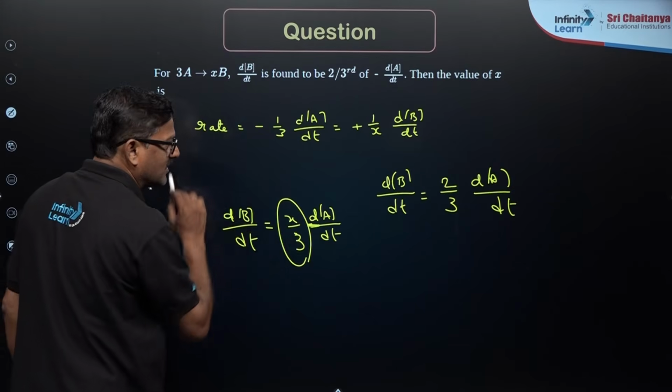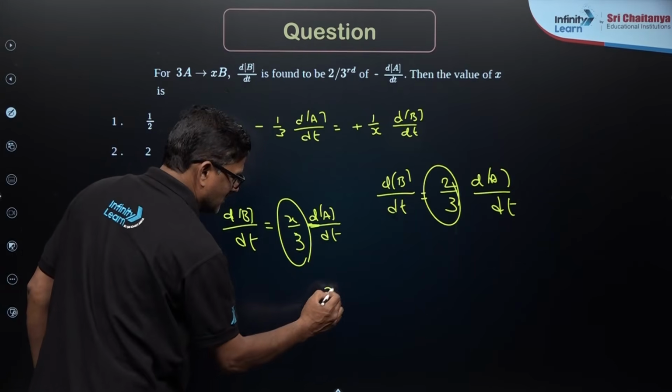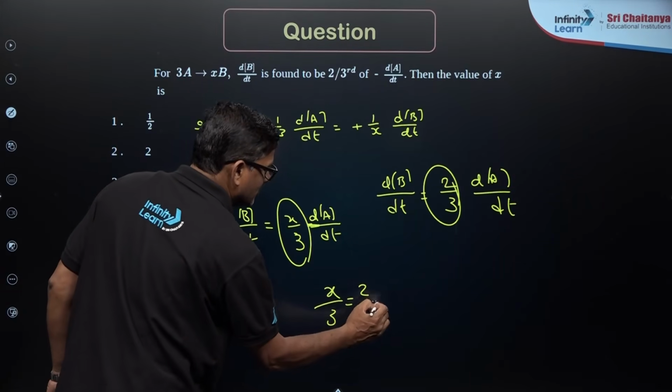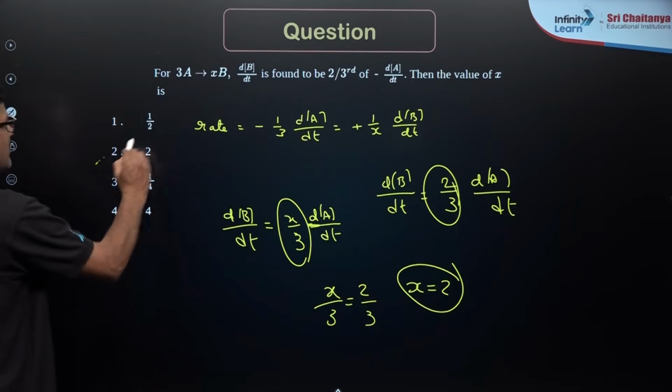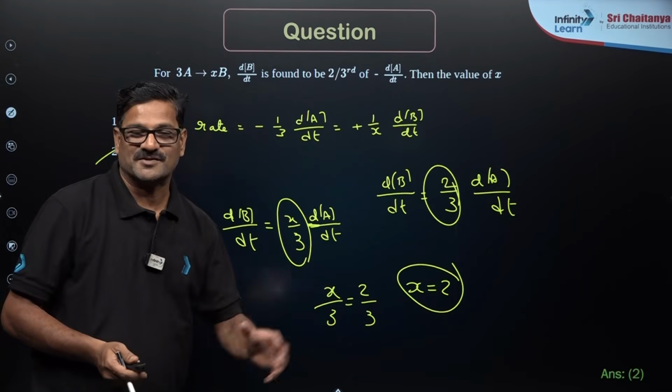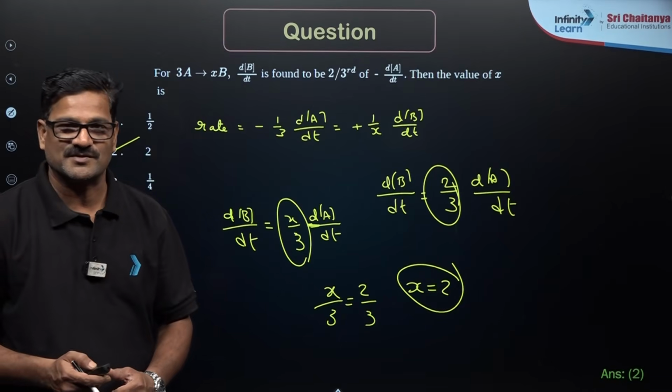So this x by 3 is equal to 2 by 3. So I could say x is equal to 2. My answer for this question is going to be option 2.